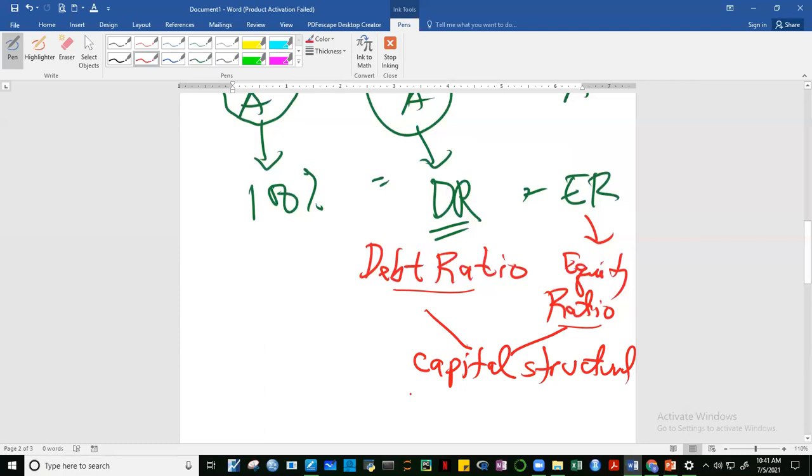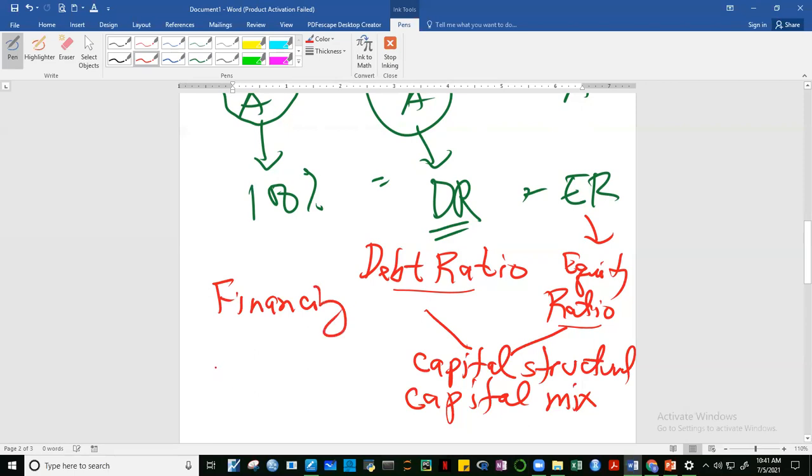Or others call this the capital mix. Okay, ang tanong, ano yung pinakamagandang capital structure? So that's a question answered by the financing principle.